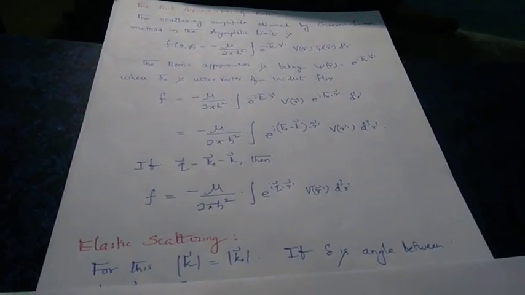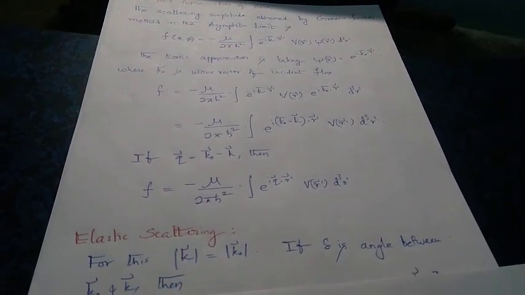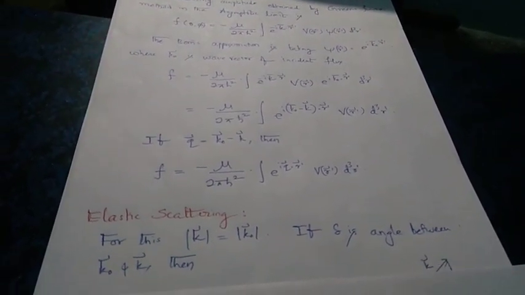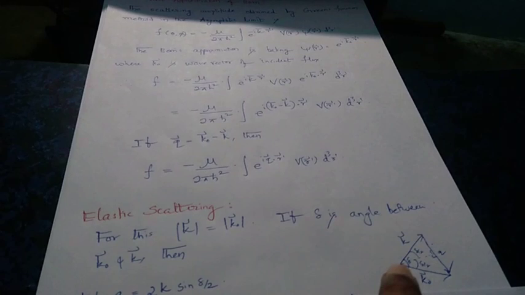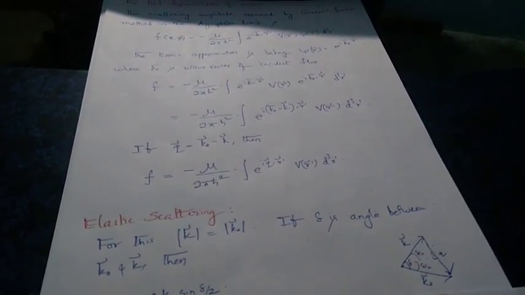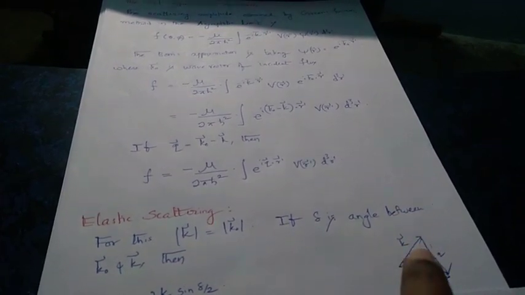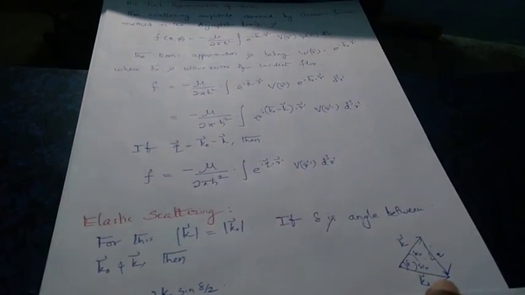And if you assume the angle between these two vectors k₀ and k is a small delta, then we can take a look at this figure where we have placed this k₀ vector this way and the k vector this way. So our q vector, which is the difference of k₀ and k, should be from up to downwards like this.